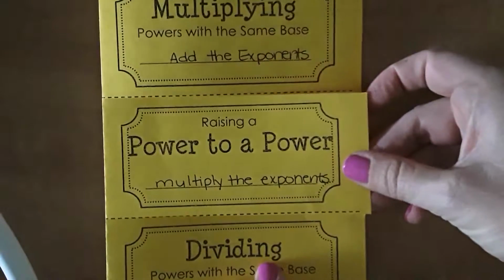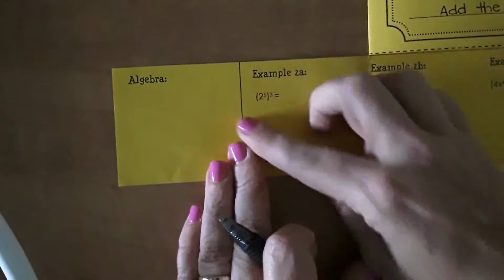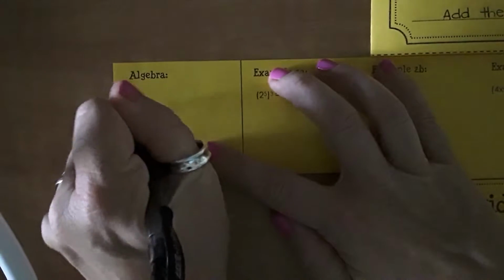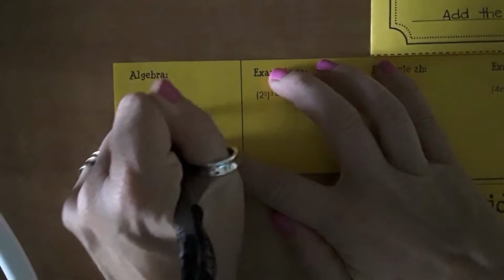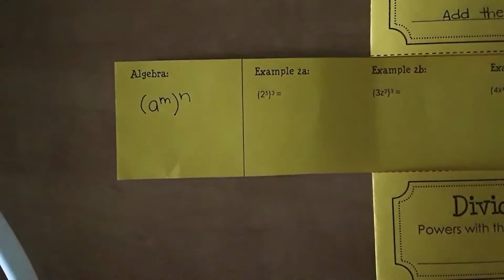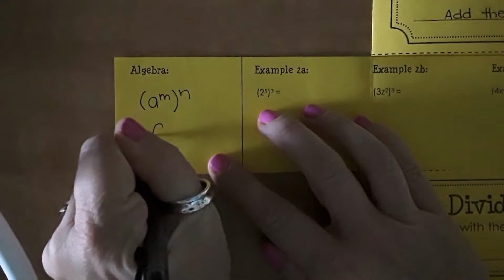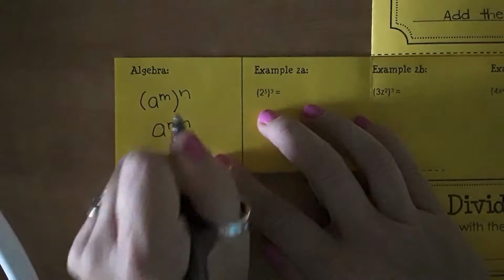Okay, so let's go ahead and go inside our foldable. I look here, my algebraic means I'm going to have a to the m on the inside, parentheses, and then the n on the outside. Okay, that means that I'm going to say m times n. So it's going to be a^(mn). All right.